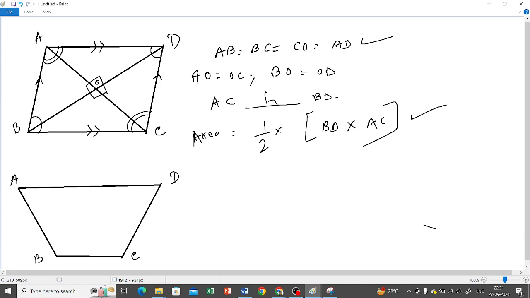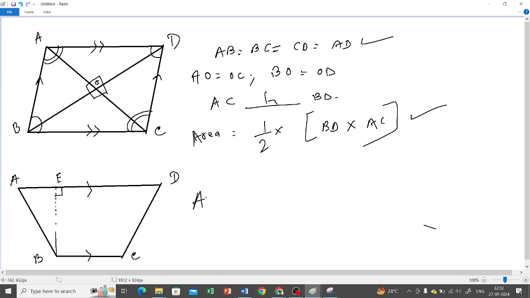So you know what is a trapezium? A trapezium is a quadrilateral whose any two opposite sides are parallel but not equal. Okay? Any two opposite sides are parallel but not equal.